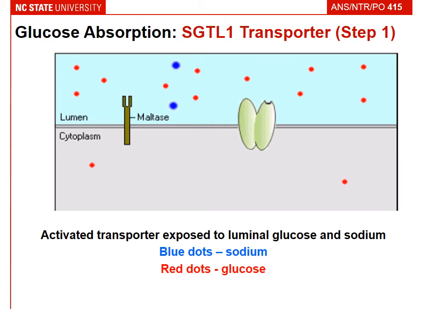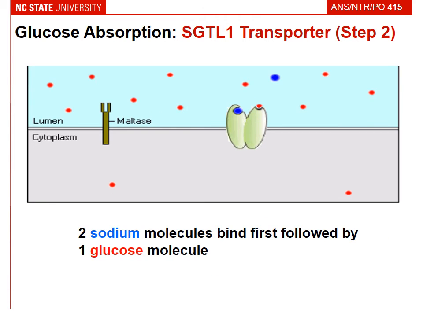We have an enzyme, maltase, here that's going to be breaking down maltose into 2 glucoses. So we have 2 sodium molecules that first bind the SGLT1. I know this picture only shows 1, but believe me, it's 2 sodium molecules, and once they bind, that opens up this binding site for the glucose molecule.